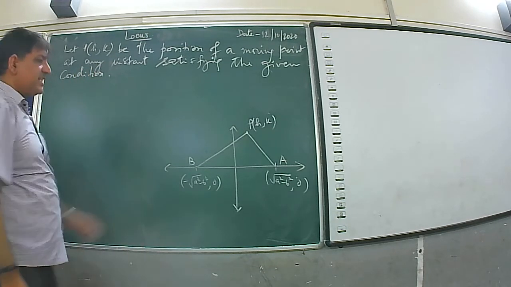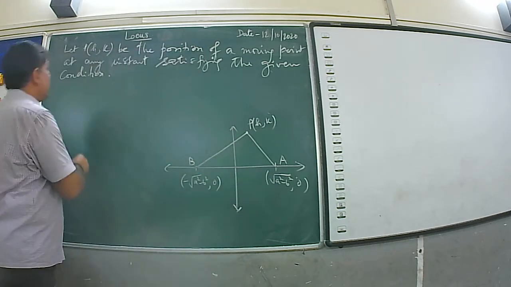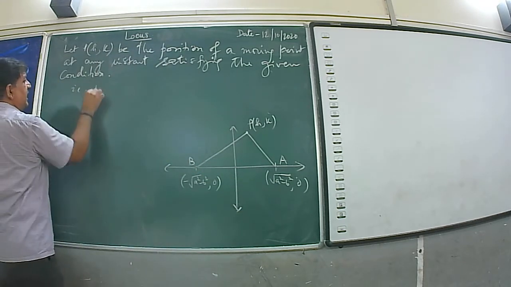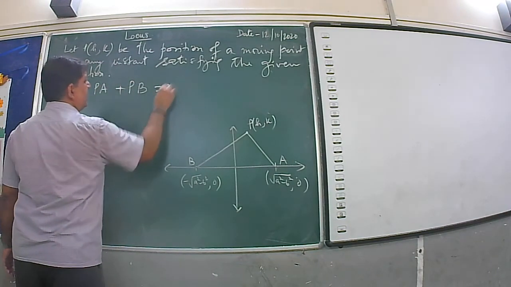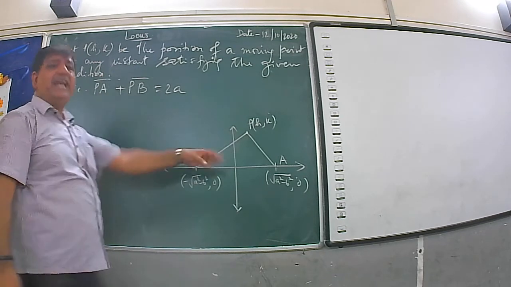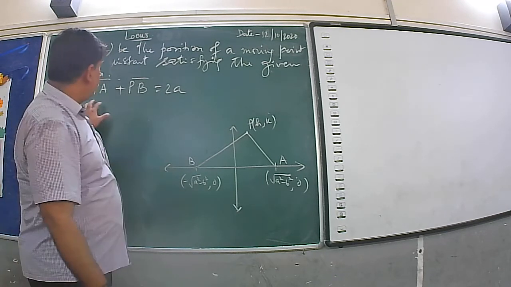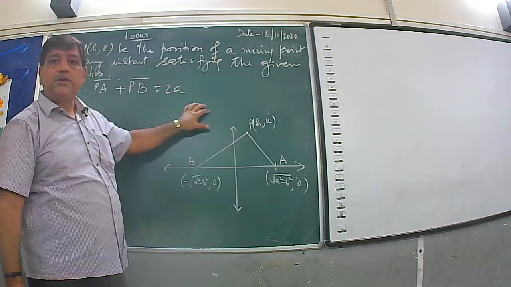Now if you draw this picture, it becomes easier for you to write directly here, that is PA plus PB is equal to 2a. You can write it directly. Then there is no need to explain A and B. So if you draw this picture, you can write directly PA plus PB is equal to 2a. Number 1.